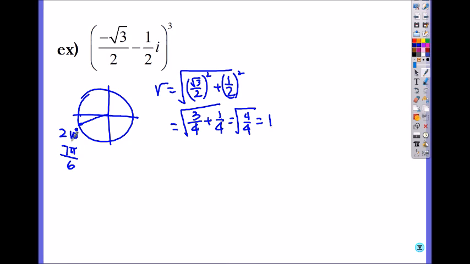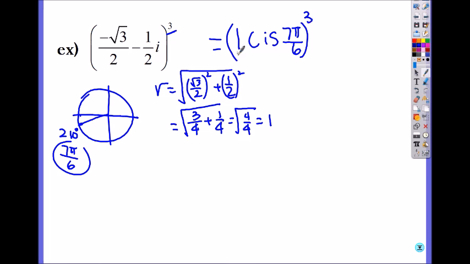What's the angle? This time let's use the radian. 7 pi over 6 is radian. So this is the same thing as what? 1 cis 7 pi over 6, but now we are raising it to what? 3. So by DeMoivre's theorem, what do you do with the radius?